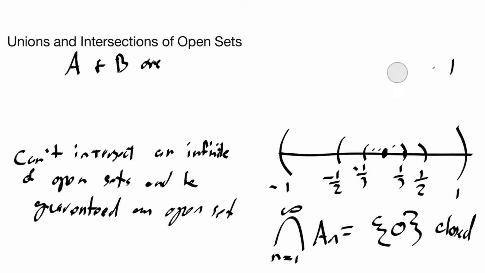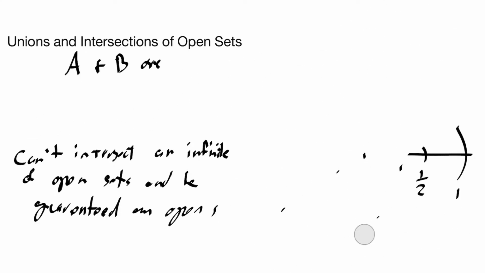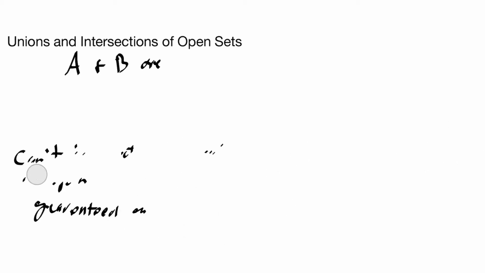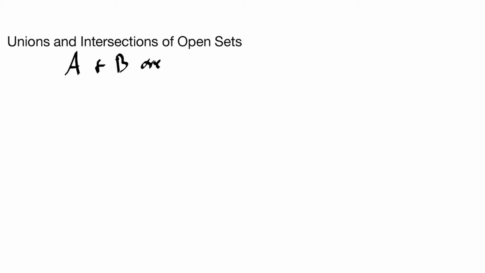Okay, what if we flip the script a little bit and ask about closed sets? To ask about closed sets, all we have to do is remember one important theorem that you got from your transitions class, and it was De Morgan's theorem.